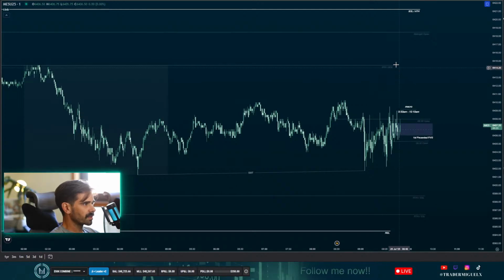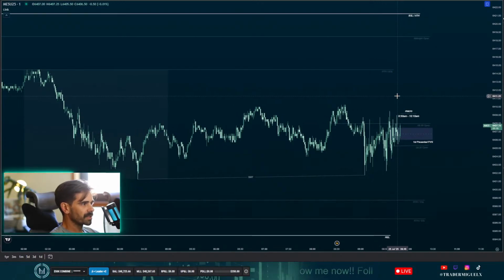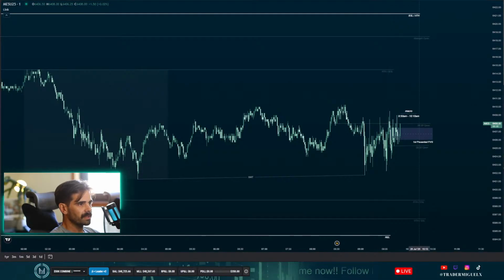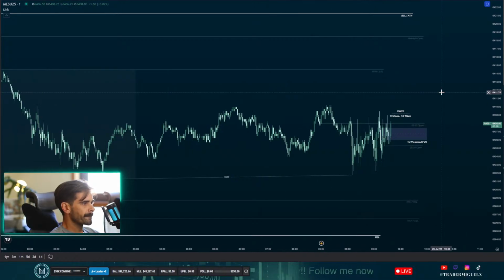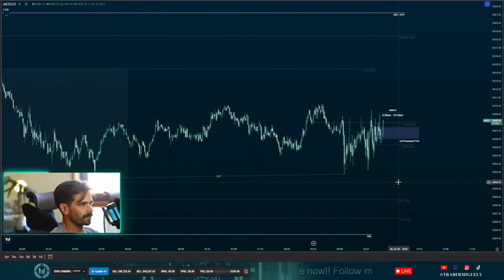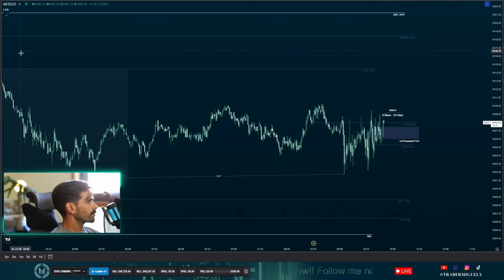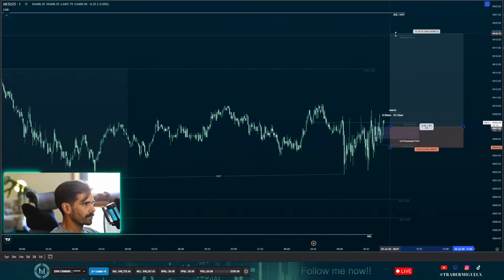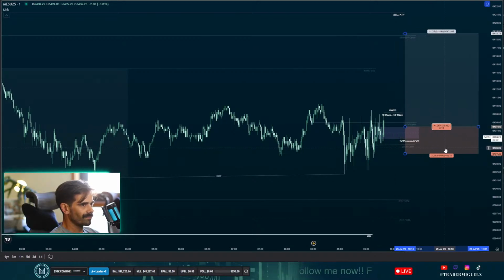Would like to see buy side liquidity here at this point on ES, since NQ is just pushing higher.